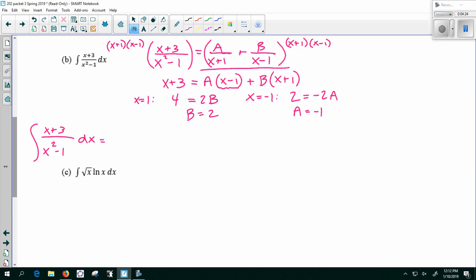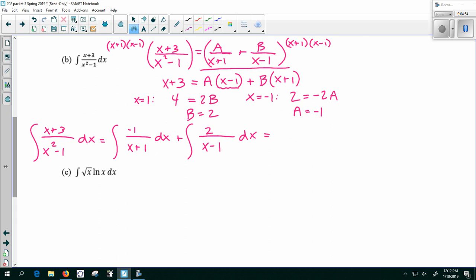So a is negative 1, so I have the integral of negative 1 over x plus 1 dx, plus the integral of, b is 2, so 2 over x minus 1 dx. And then these are fairly straightforward to integrate, because the integral of 1 over some stuff is the ln of the stuff, and you just have to be conscious of the chain rule.